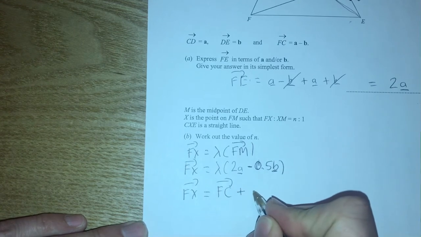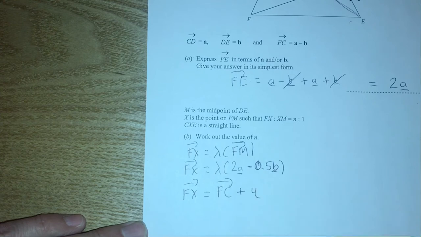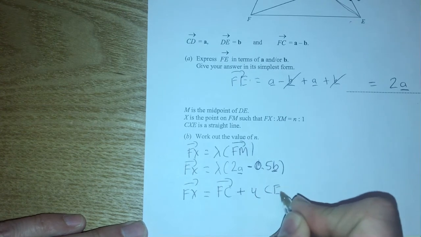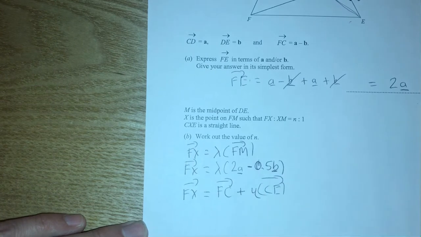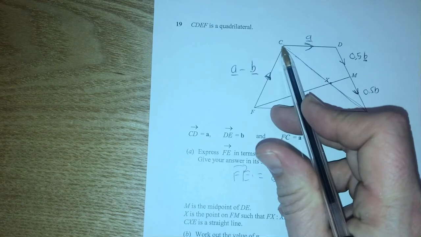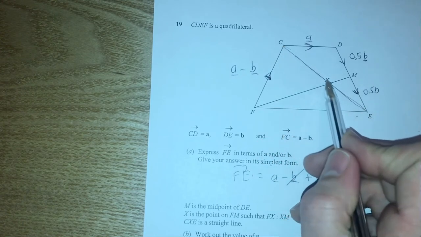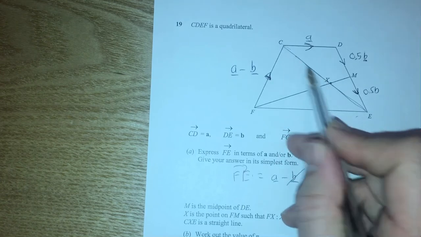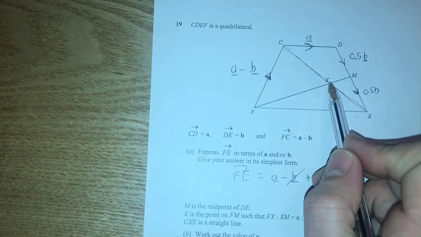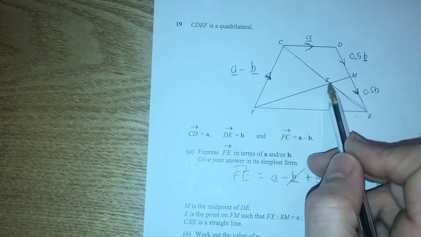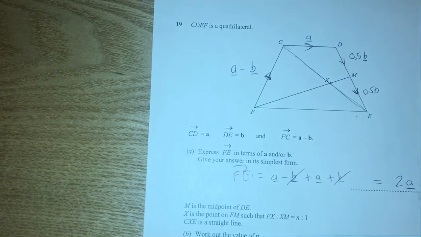plus some fraction, and this time I'm going to use mu, another Greek letter, of CE. So what does that mean? It means I'm going to go up here and then part of CE, that fraction is mu. I'm using a Greek letter there to say I don't know how far I'm going, but it's mu distance of that full line.